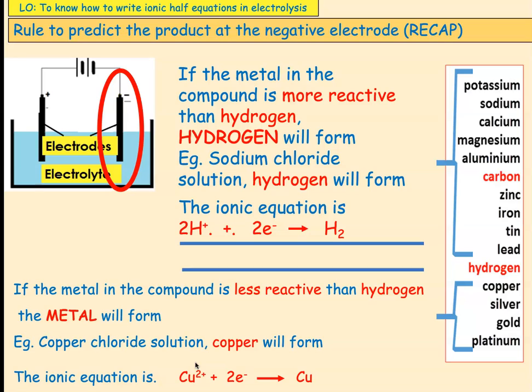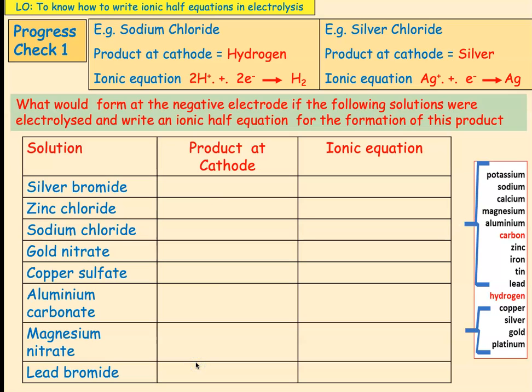However, if the compound is less reactive than hydrogen, we're going to make the metal like we did when we did the molten electrolysis of an ionic compound. So for instance, copper chloride. Copper's lower than hydrogen, so it's Cu2+ plus 2 electrons will give us Cu. So I've given you 2 examples up there.